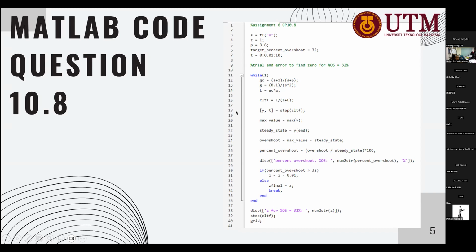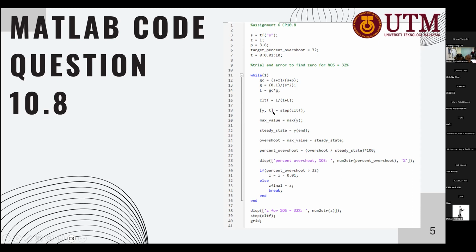And then after that, in line 18 we do the step response for the closed loop transfer function. And then we obtain the max Y, the maximum value of Y, which is the maximum magnitude in the step response. Okay, proceed to the next slide.